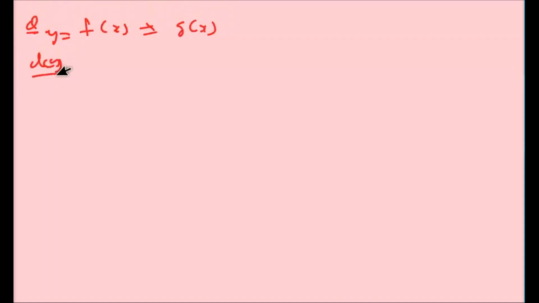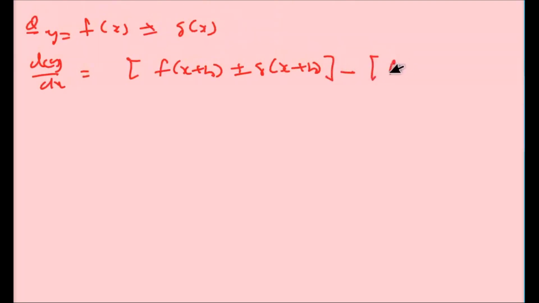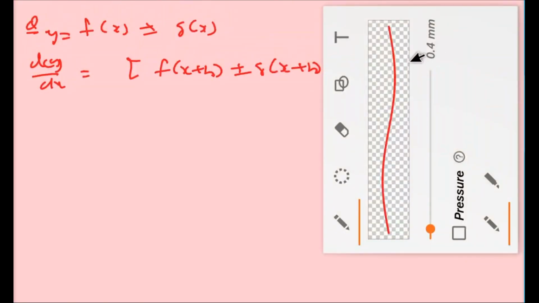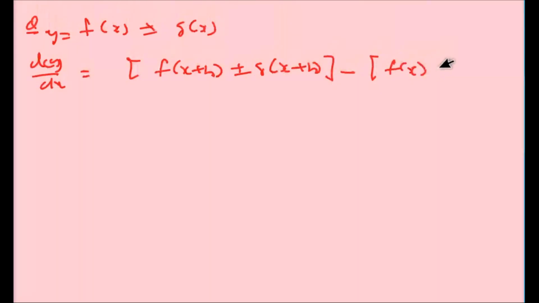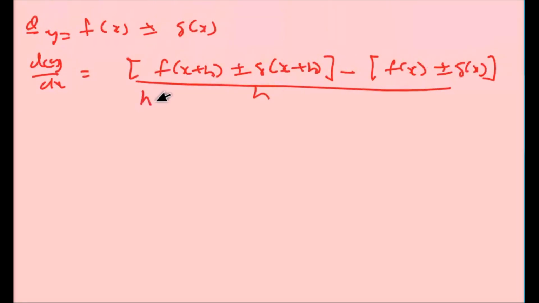So dy by dx, using first principle, we can write here f(x) plus minus g(x), we can write f(x plus h) plus minus g(x plus h) minus f(x) plus minus g(x) upon h, h tends towards 0.